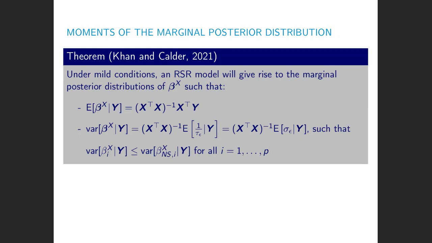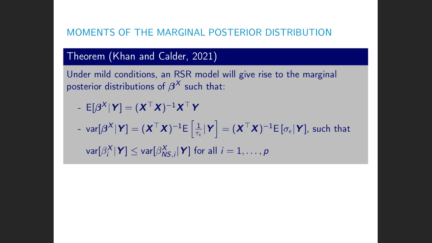We also showed that the marginal posterior variance of each component of beta is less than or equal to the corresponding marginal posterior variance under the non-spatial model.